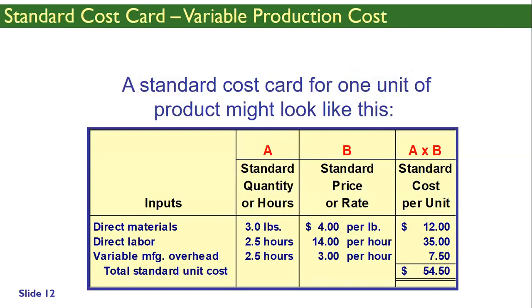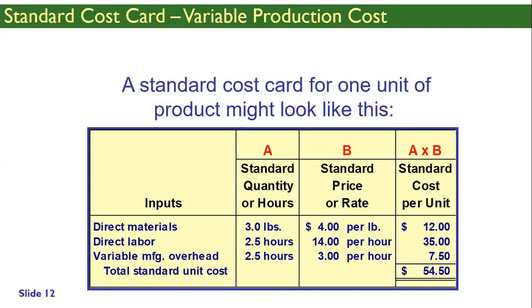So a standard cost card will look like this. First you say direct material, 3 pounds, where each pound is $4. So it means that $12 is direct material. Direct labor could be 2.5 hours, where each hour is $14, and the cost of labor is $35. And then you have variable manufacturing overhead, 2.5 hours at $3.